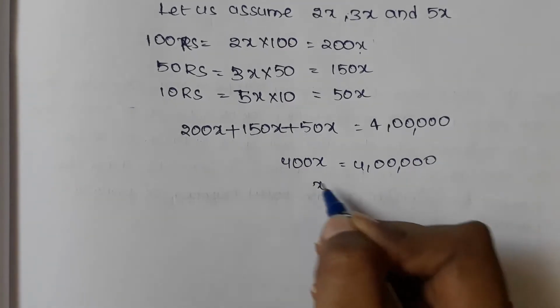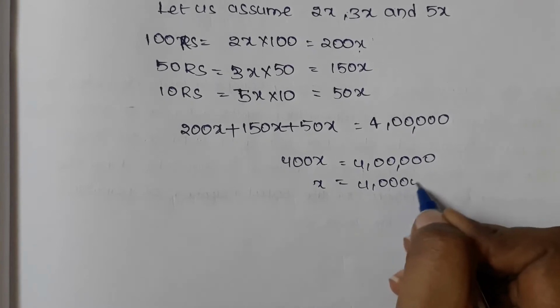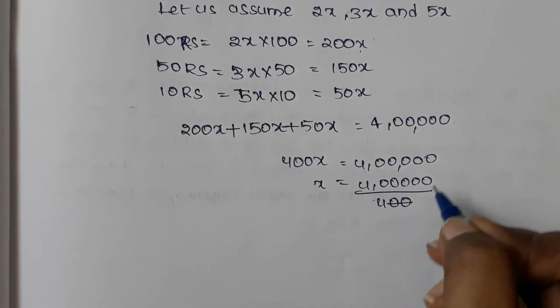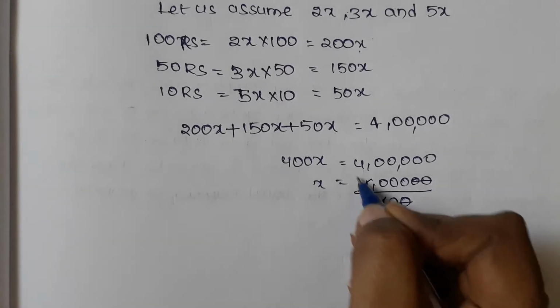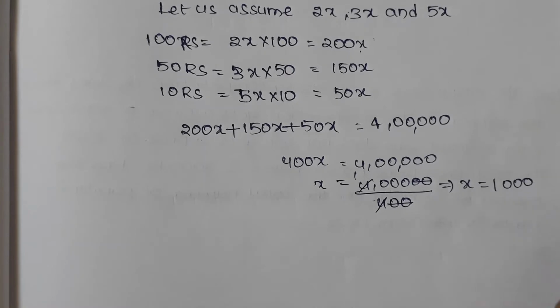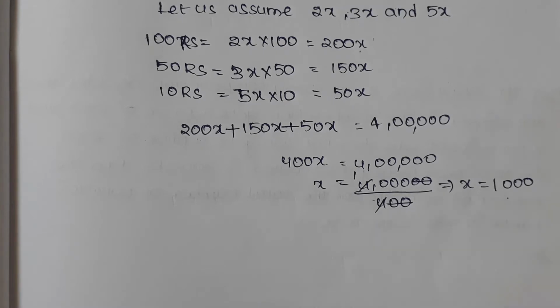And now this 400 is to be taken to RHS, 4 lakh divided by 400. Here the 0s cancel, 4 ones, and now x equals 1000. And according to this x, we should calculate how much amount of each denomination she has.